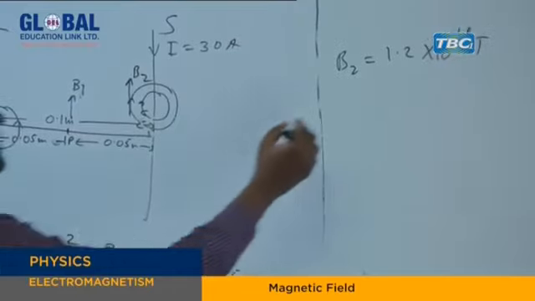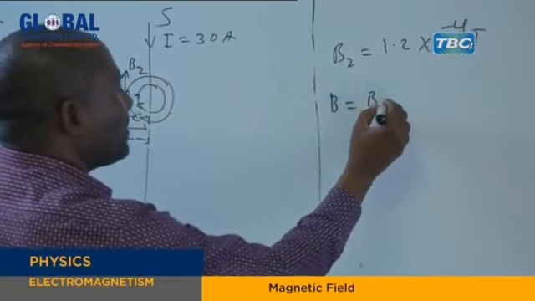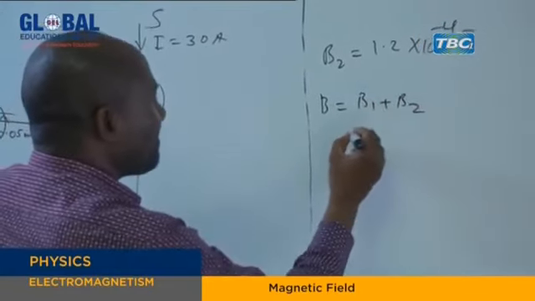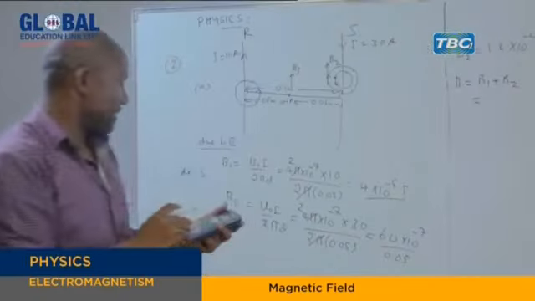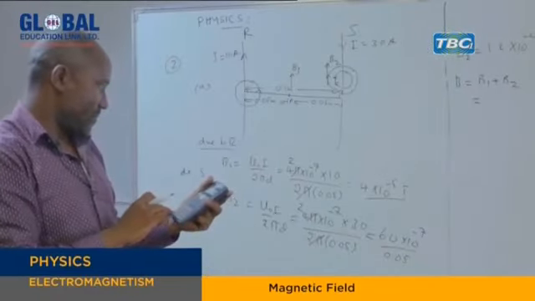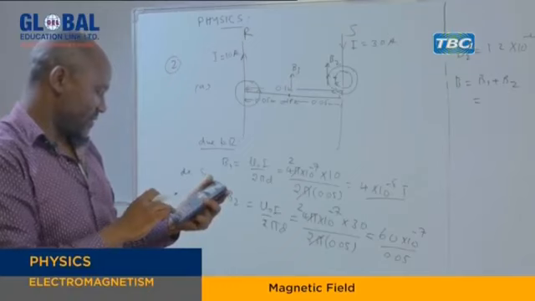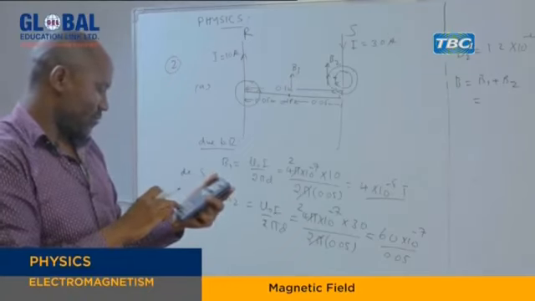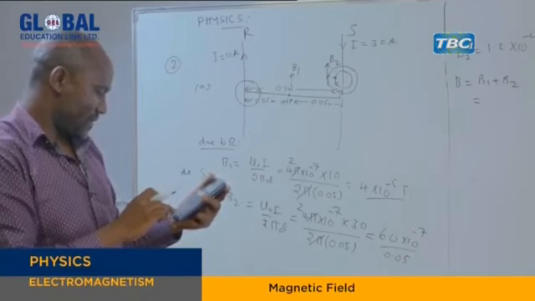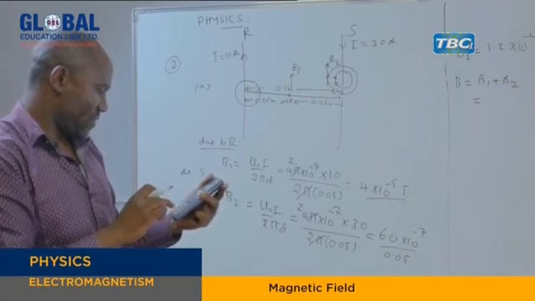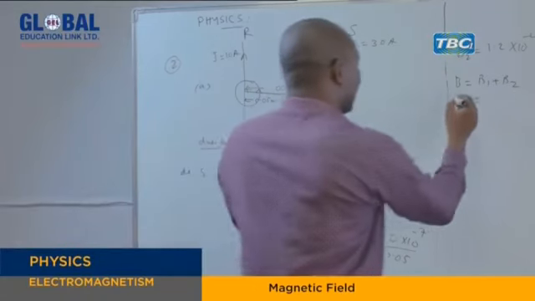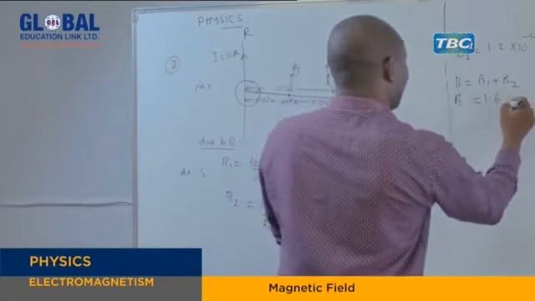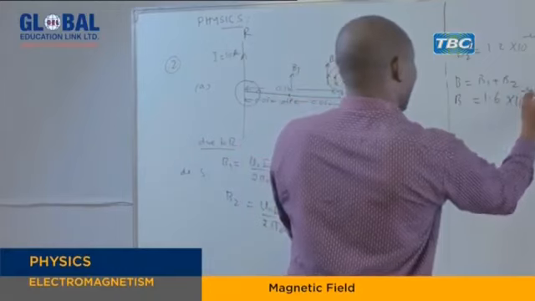So the total magnetic flux density equals B1 plus B2 equals 4 e power negative 5 plus 1.2 e power negative 4. The answer is 1.6 e power negative 4.